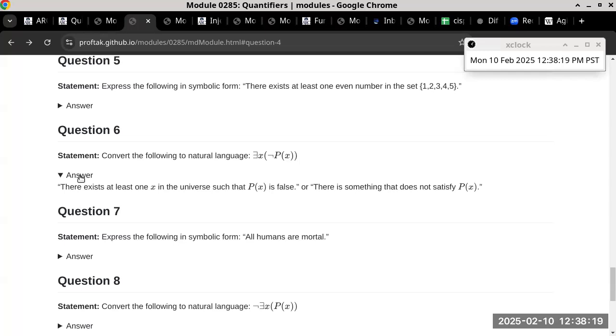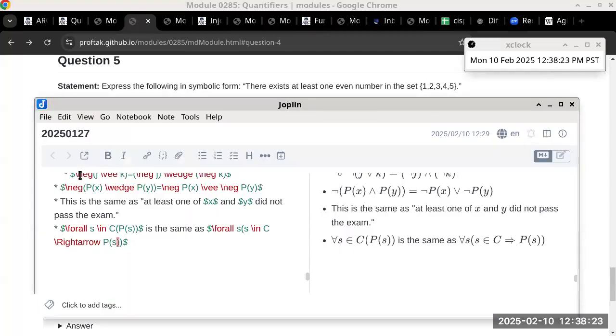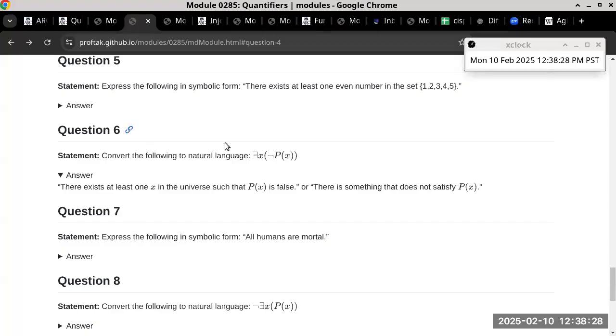So in the example that we have been talking about, you mean this one? Question 6 does not tell you anything about what it means. It just says there's a predicate P. So it is not about the predicate P. It is about how we express it in natural language, because that's what this syntax specifies.